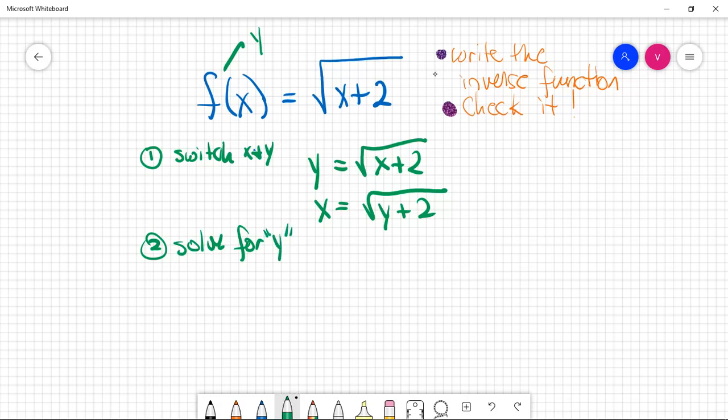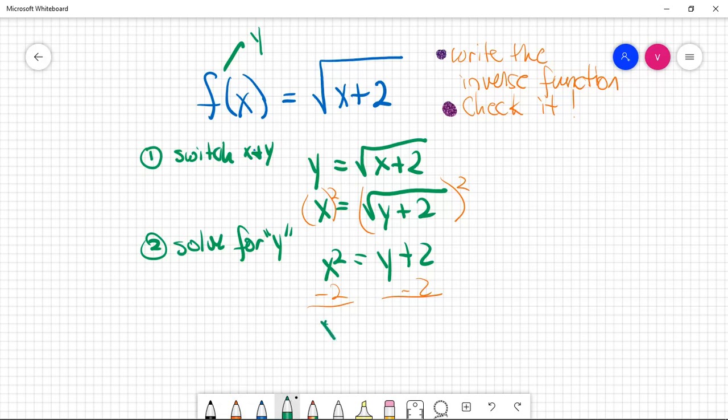So what are we going to do? We're going to square both sides there, right? To undo a square root, it's squaring. So you're going to get x squared is equal to y plus 2, because the square root and the square cancel each other out. And then we're going to subtract 2 from both sides.